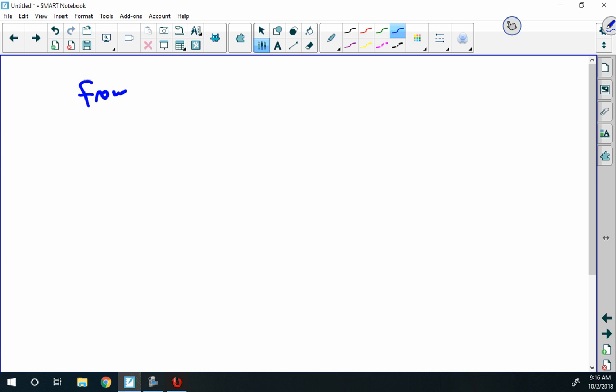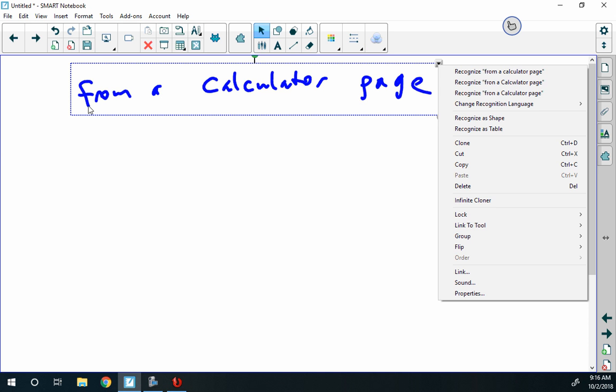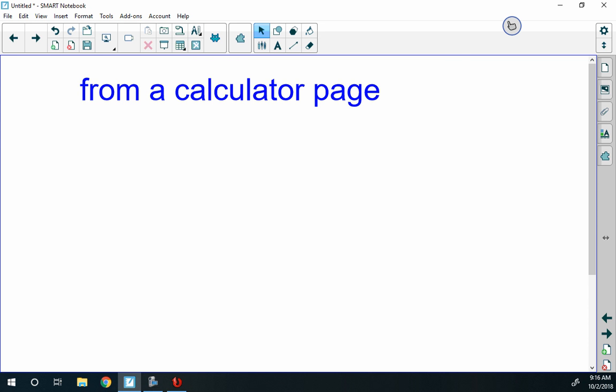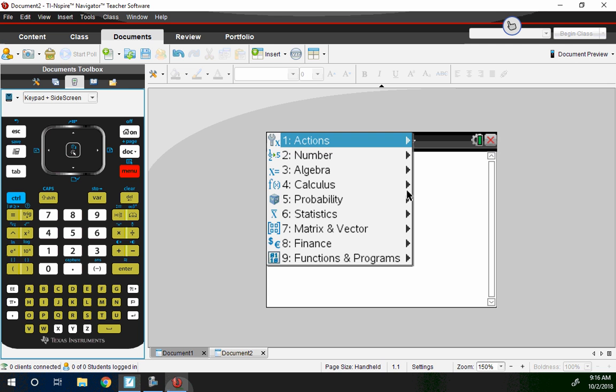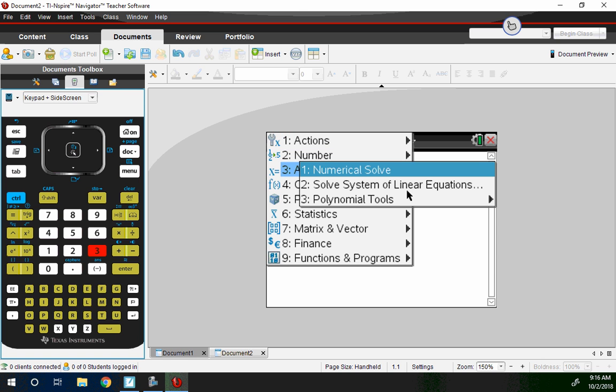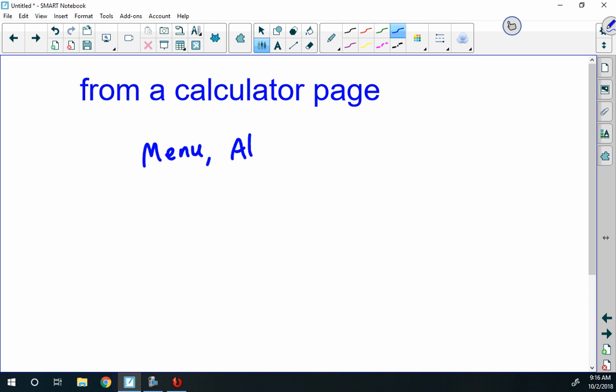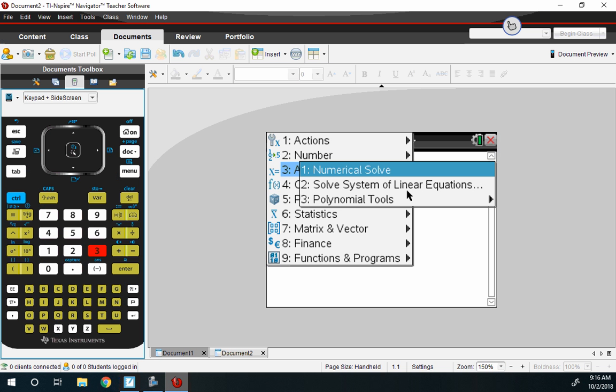From a calculator page, we're going to go menu. Option number 3 is algebra. So menu, algebra. And then option number 2, look at option number 2.